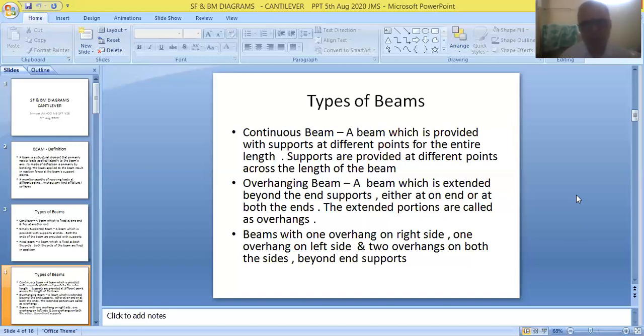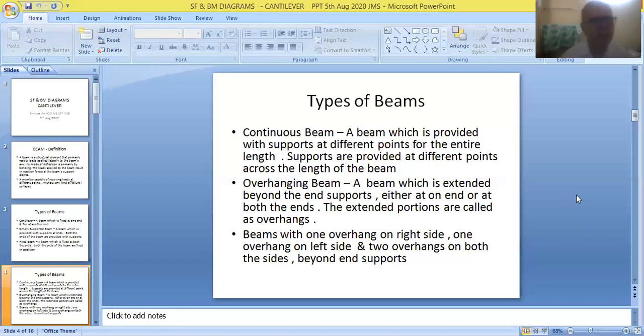Beams with overhang on right side, overhang on left side, and overhangs on both the sides. So depending upon the requirement, these different arrangements will be made in different situations. So broadly, the overhanging beams are classified into three different categories.